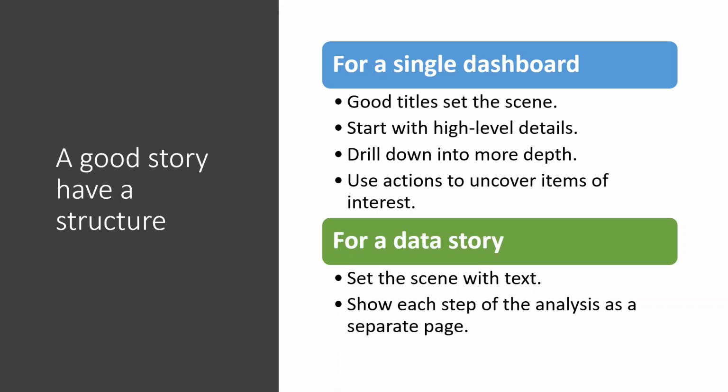For a data story, set the scene with text. Each step of the analysis is a separate page, each page will have one story, and until you find the interesting fact, you keep on adding stories to your data story.